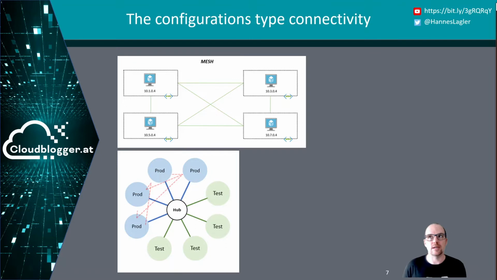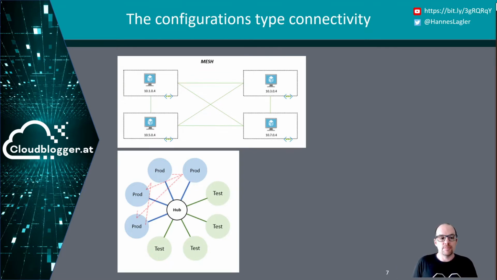Hub and spoke is one of the recommended ways to connect from on-premises to the cloud and to different regions. So you can see here we have a production network, we have many test networks, and all these networks are connected to a hub virtual network, and this virtual network is maybe connected to on-premises, to a branch office or headquarters.